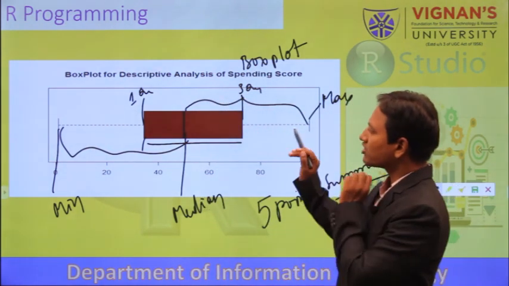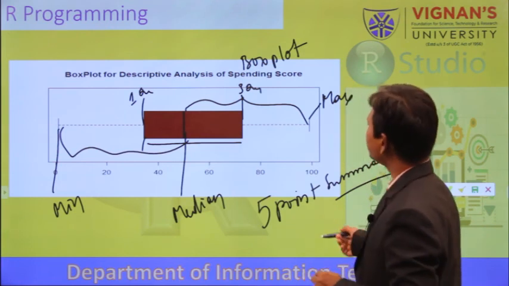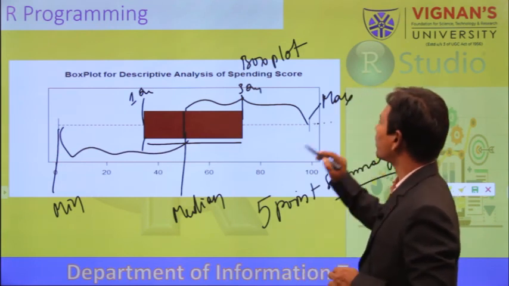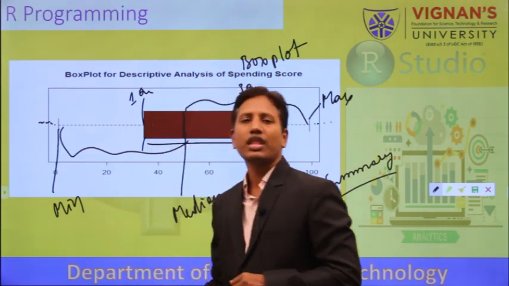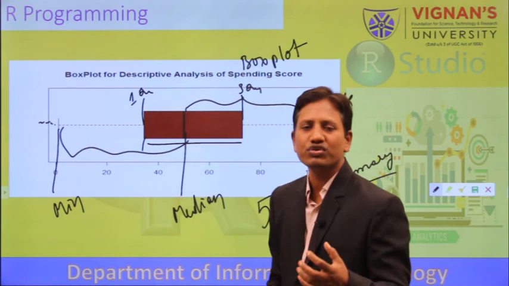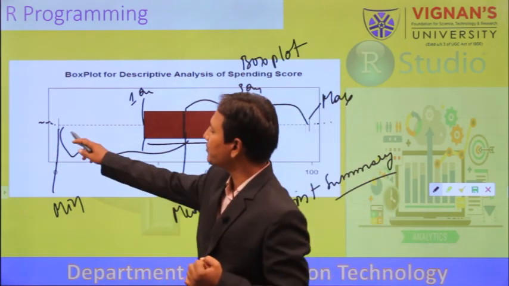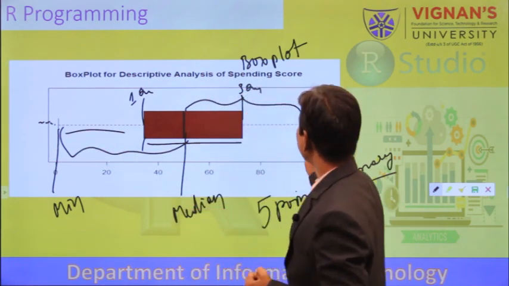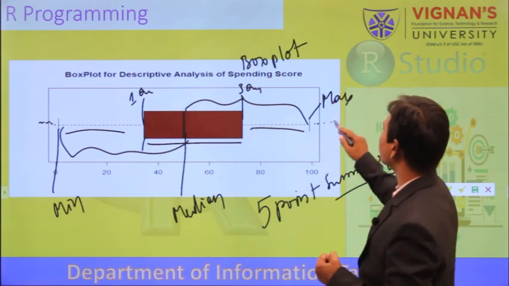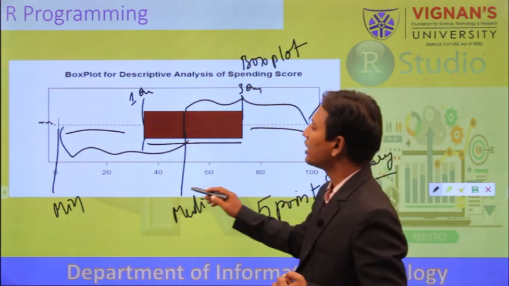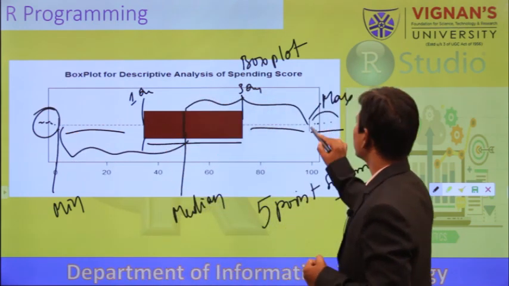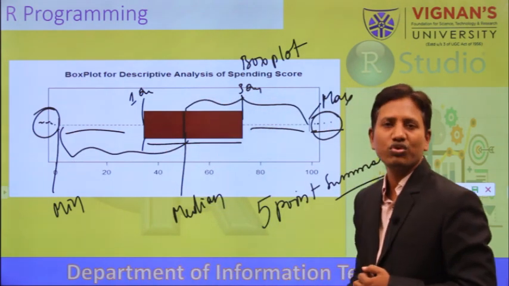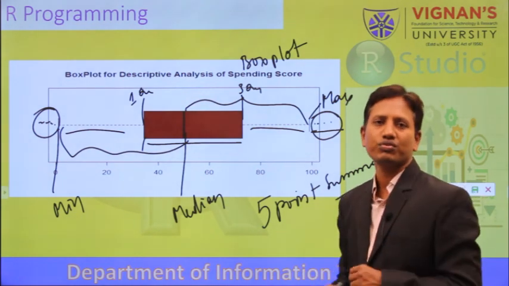And this box plot sometimes gives us the outliers also. Outliers are the values which do not fall even in this minimum range or this maximum value, which are out of this part. You will learn how to calculate these things in your data mining subject, but this plot gives us the outliers also.